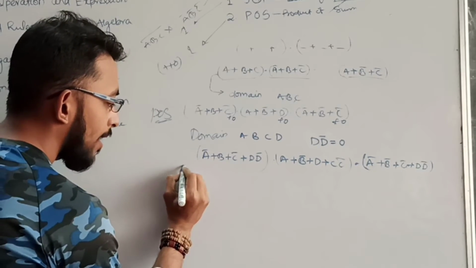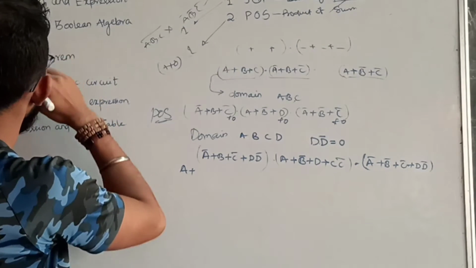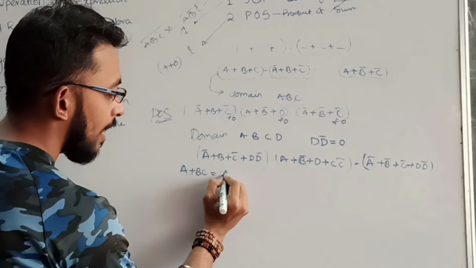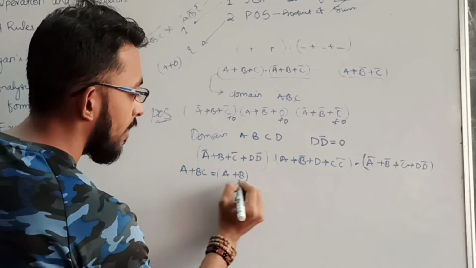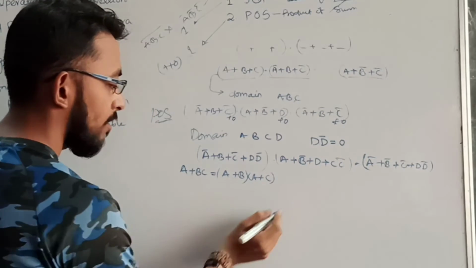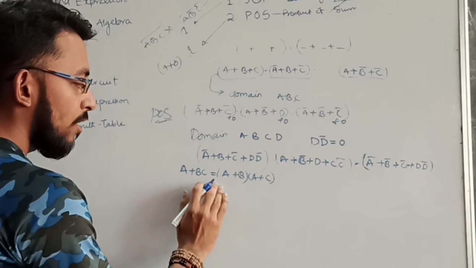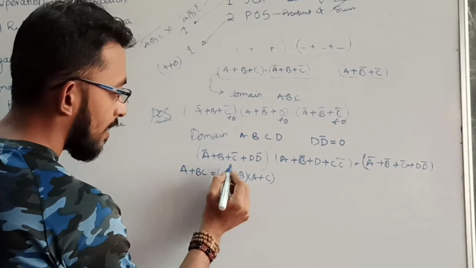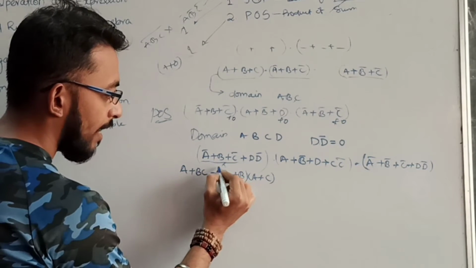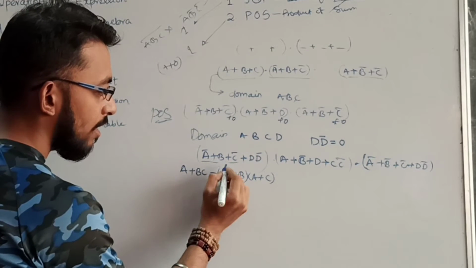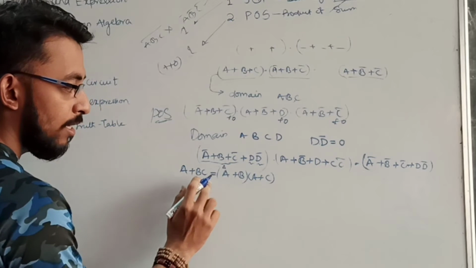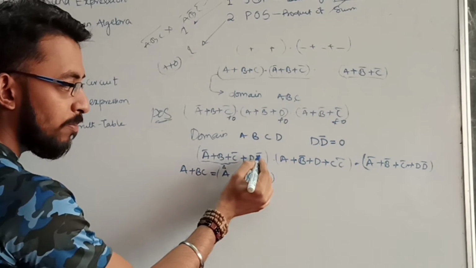I have to apply the formula that we read earlier, I think the 11th or 12th rule: A plus BC can be represented as A plus B into A plus C. I have to apply this rule to this expression. Let's take this as A, this as B, and this as C. So it looks like A plus BC.